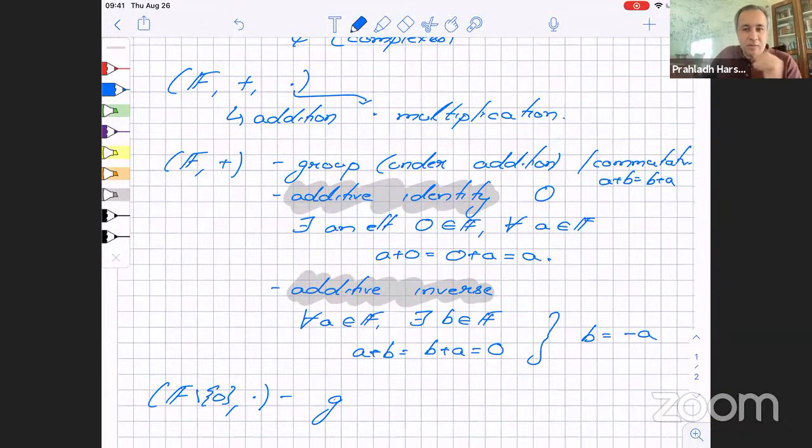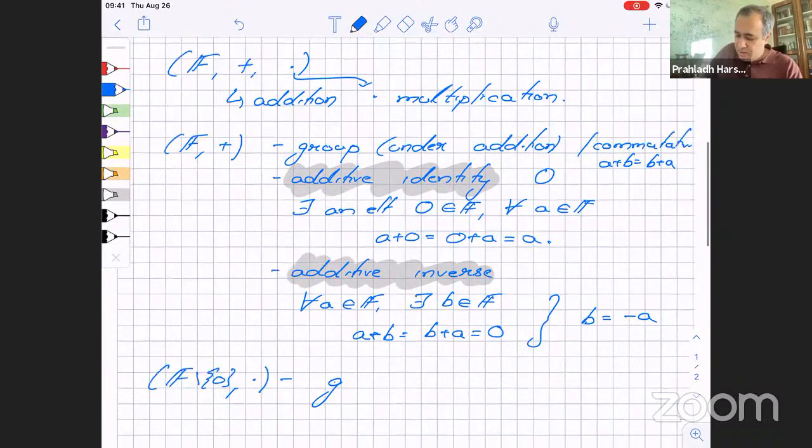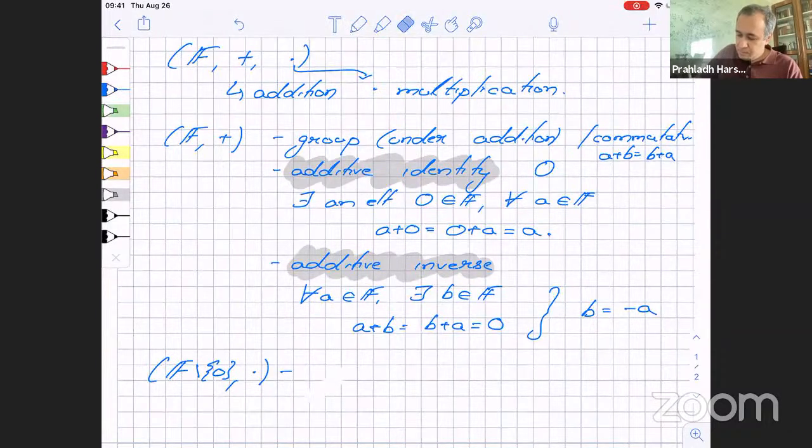All of the things which we have, these are properties which we take for granted with respect to rationals, reals and complexes. And similarly over here, I want it to be a multiplicative group. A group under this operation of multiplication. So once again, group under multiplication.